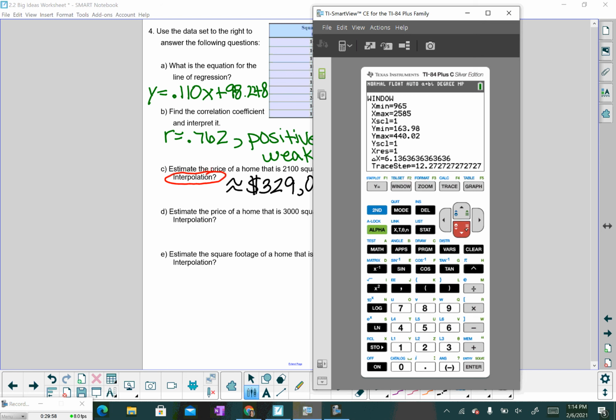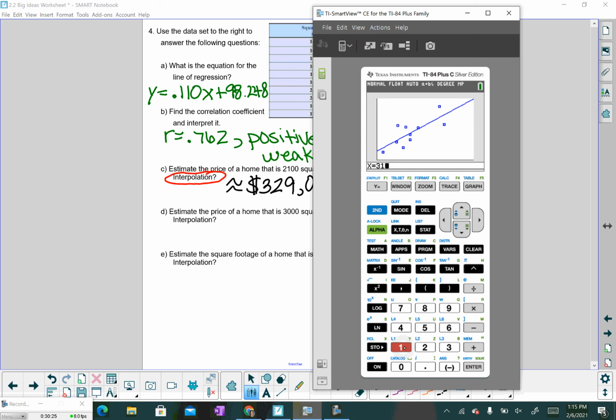So if we go down to X max, you can change it to whatever you want as long as it's a value bigger than 3000. So I'm just going to choose 3100, but if you chose like 4000, for example, that wouldn't affect your answer. Now if you hit graph, you'll see that it's zoomed out a little bit further on the right. So let's try that procedure one more time. We're going to hit second, trace, value, number 1.